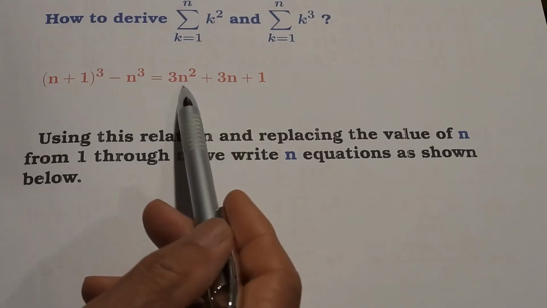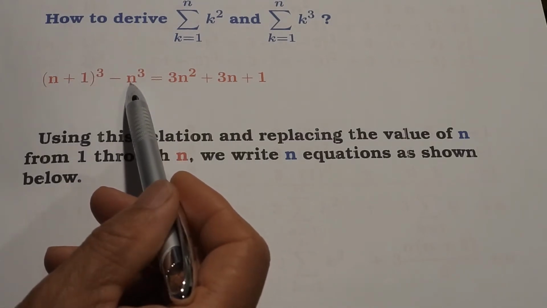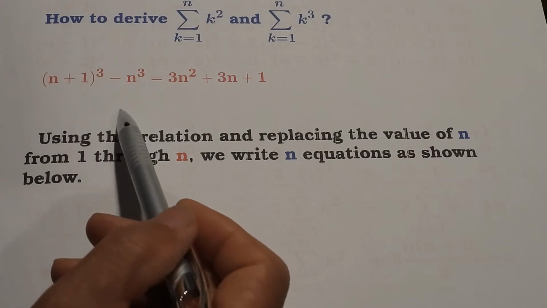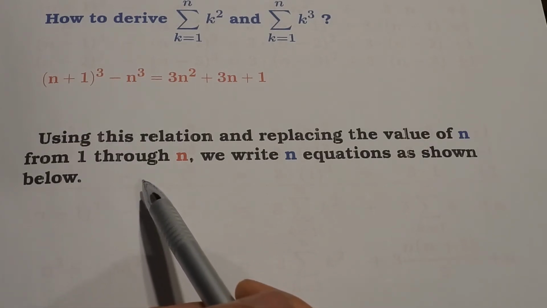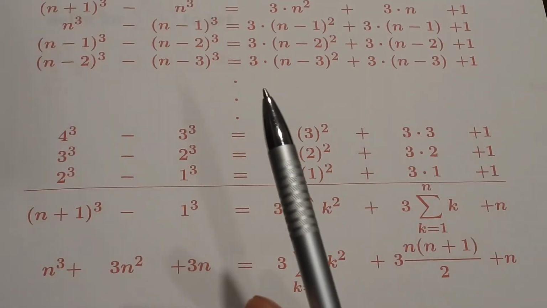Using this formula, we replace the value of n by n minus 1 and n minus 2 and n minus 3 all the way down until we get 1. You can see that relation over here.